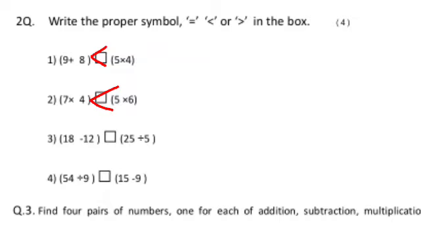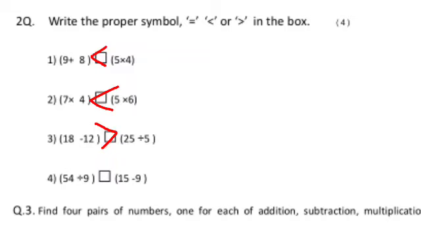Third one, 18 minus 12 is 6, 25 divided by 5 is equal to 5, so 6 is the bigger one and 5 is the smaller. Fourth one, 54 divided by 9 is equal to 6 and 15 minus 9 is also 6.